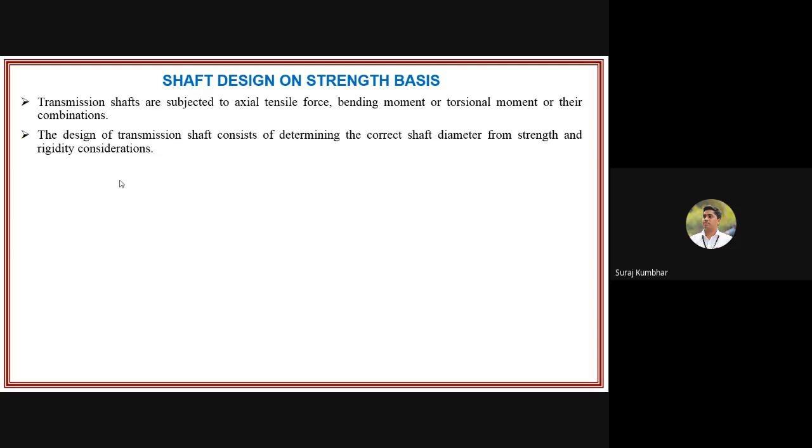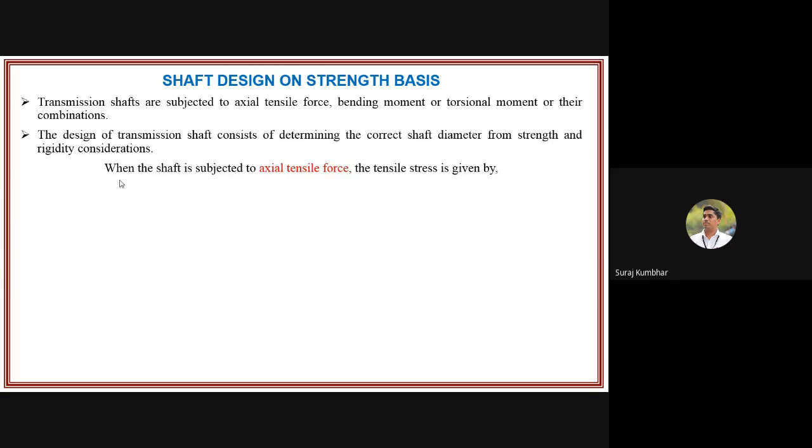Otherwise, if you do not find the correct diameter and a sudden impact or sudden force comes onto that shaft, it may fail. So on the basis of strength and rigidity, the designer's task is to find the correct diameter of that transmission shaft. You need to consider strength and rigidity while designing the shaft.